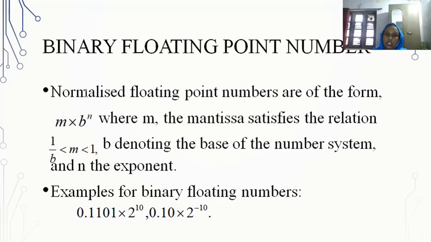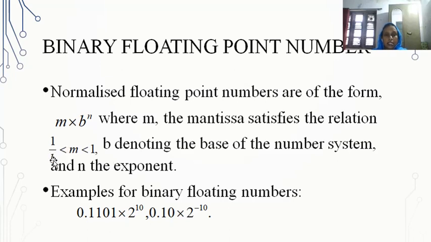In the normalized floating point representation, we can write the real number as m into b raised to n. Here m represents the mantissa and n represents the exponent. So the mantissa should satisfy 1 by b less than m less than 1. That means the mantissa should lie between 1 by b and 1.